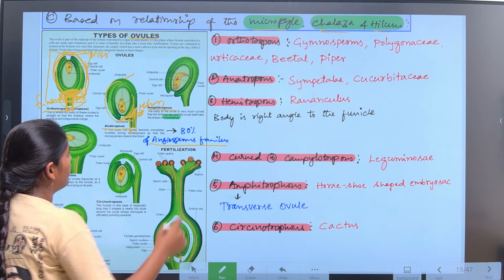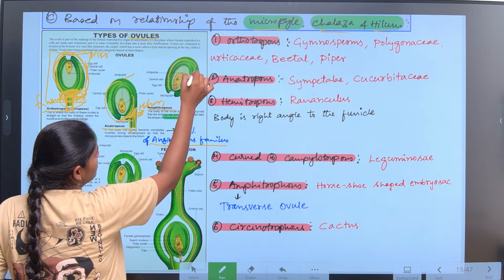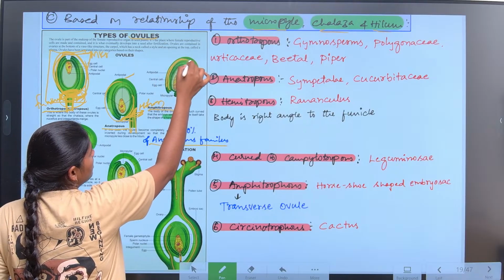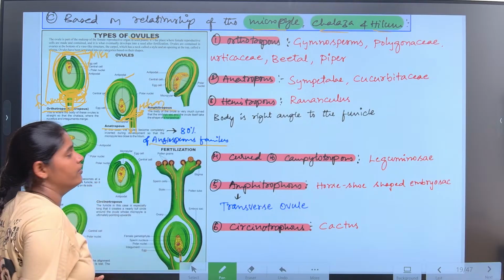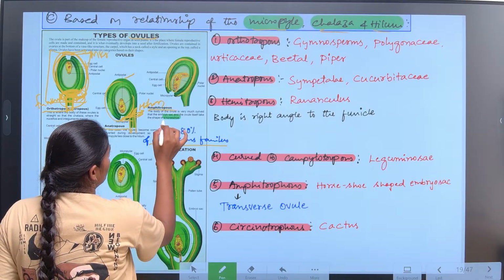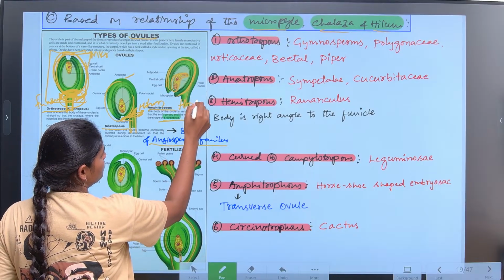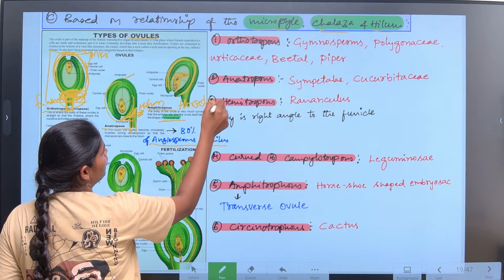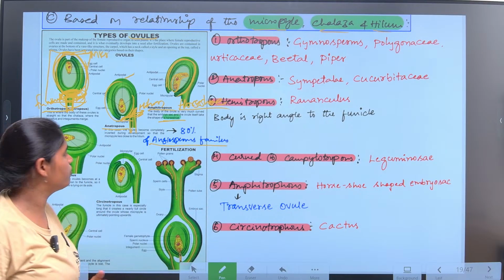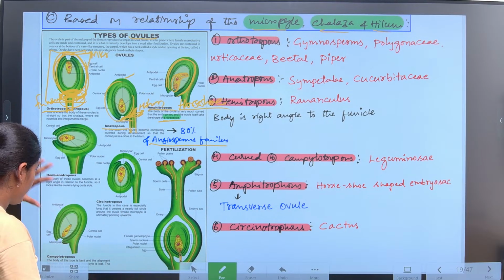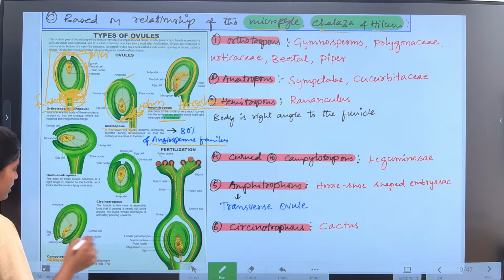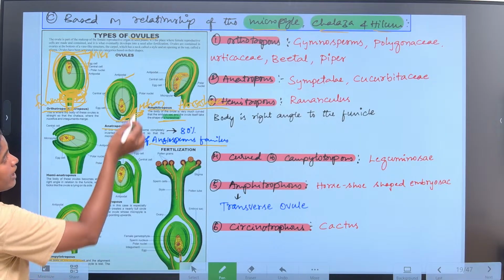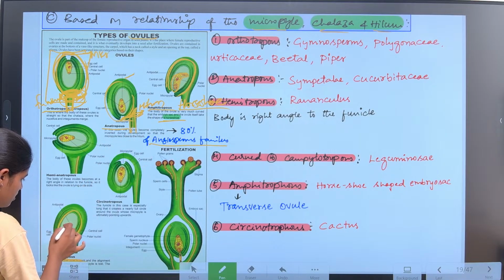And we have amphitropous. By name itself it indicates it is slightly curved. It is curved in such a way that the embryo sac inside is also curved, and this shape is called horseshoe. Remember this: in amphitropous we get a horseshoe type. In the same way we have campylotropous, where it is curved, but not as much as amphitropous.